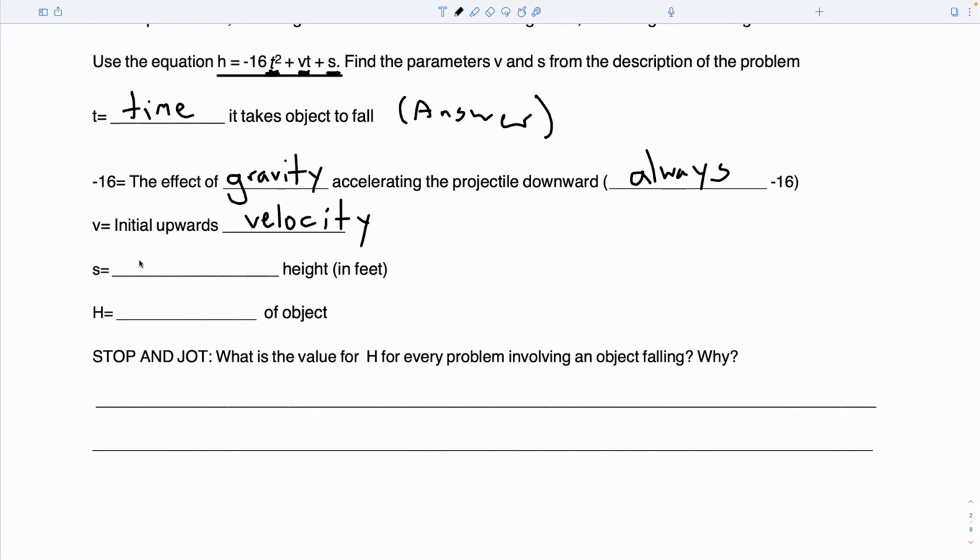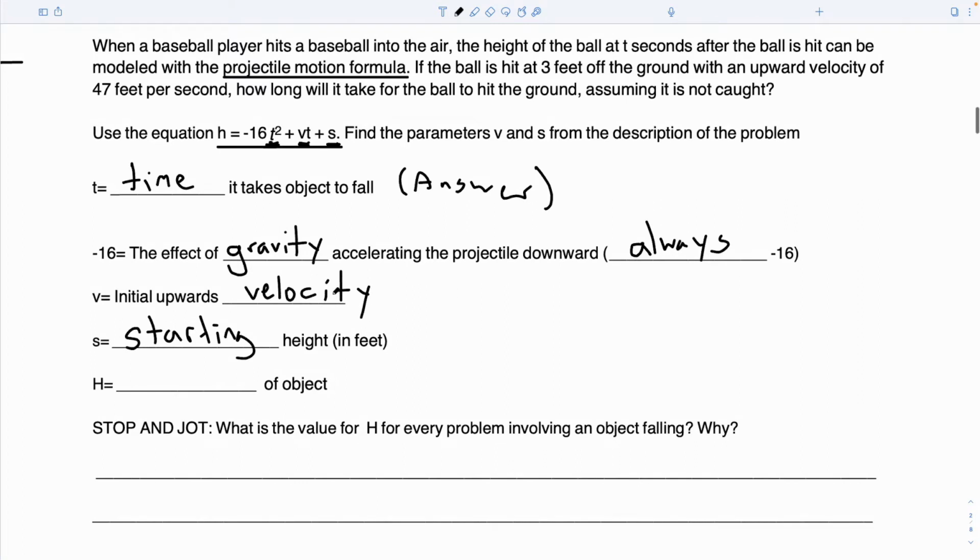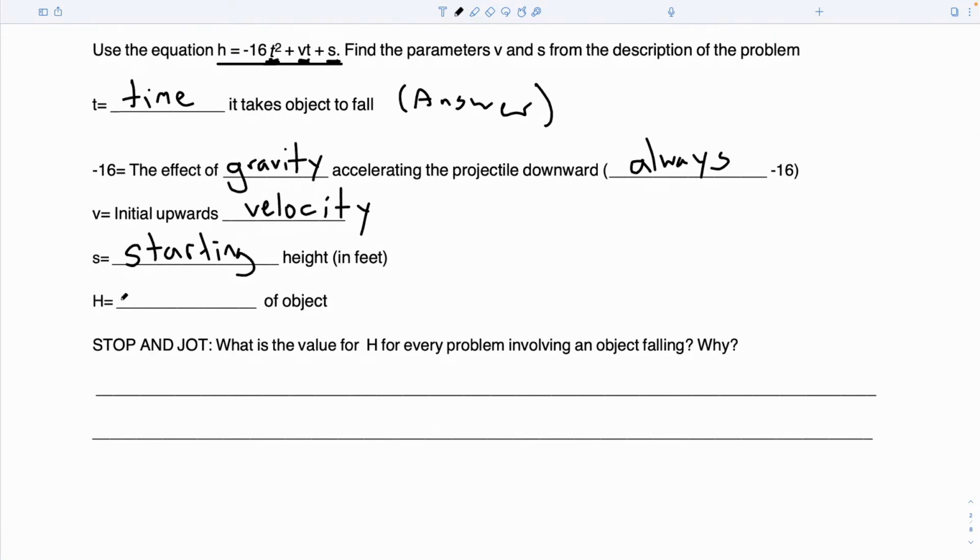The s stands for your starting height. And the h is the ending height. h is your ending height of the object.